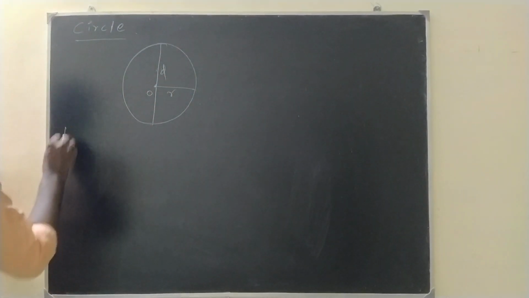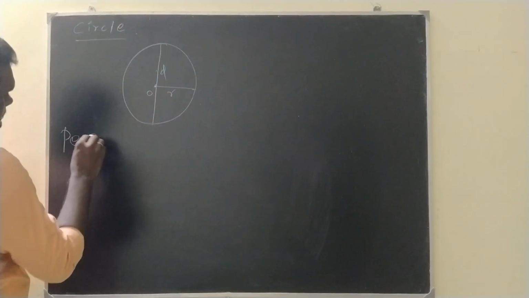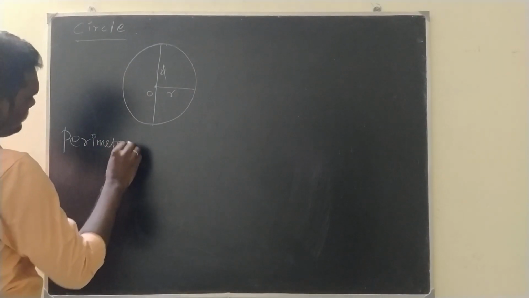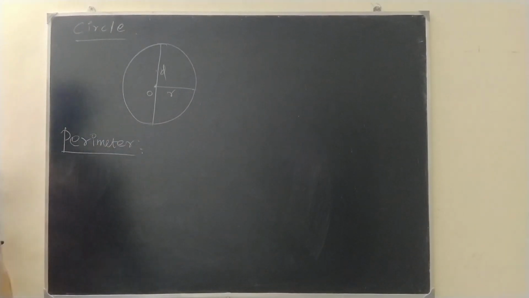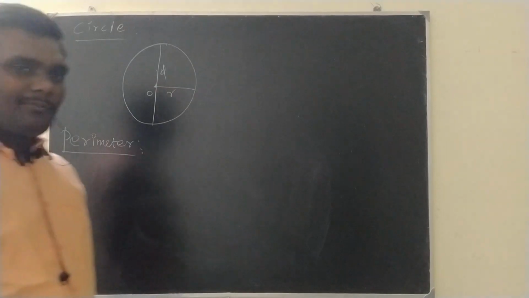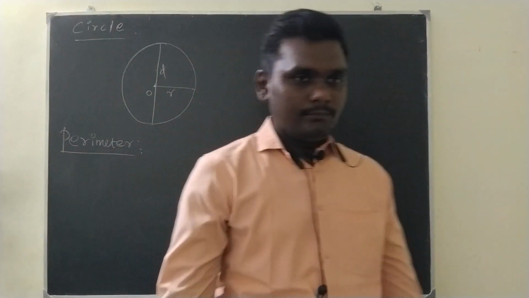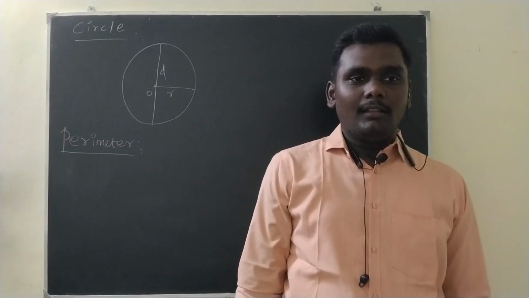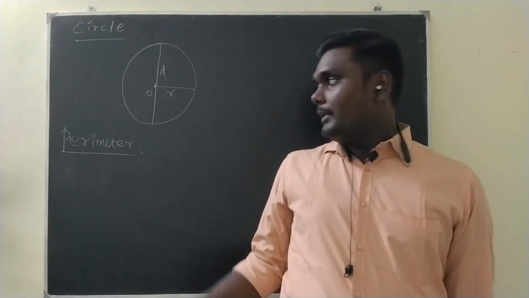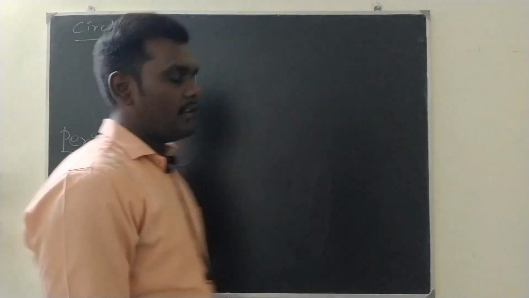Now, we talk about perimeter. Perimeter means the length of the boundary. You don't know how to find the length of the boundary. Let me mark that perimeter as circumference.